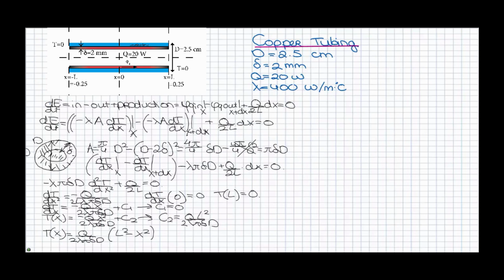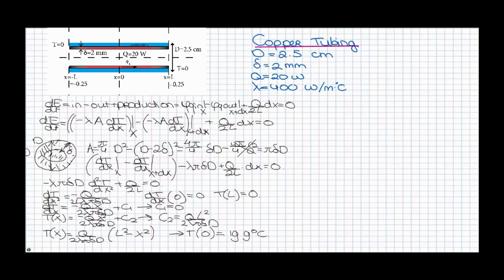And if we now want to know the temperature in the middle of the tube, we only have to fill in the equation for x is 0 and we will find a temperature of 90.9 degrees Celsius. So with a first rough estimation we were not that far from the real temperature in the middle of the tube.